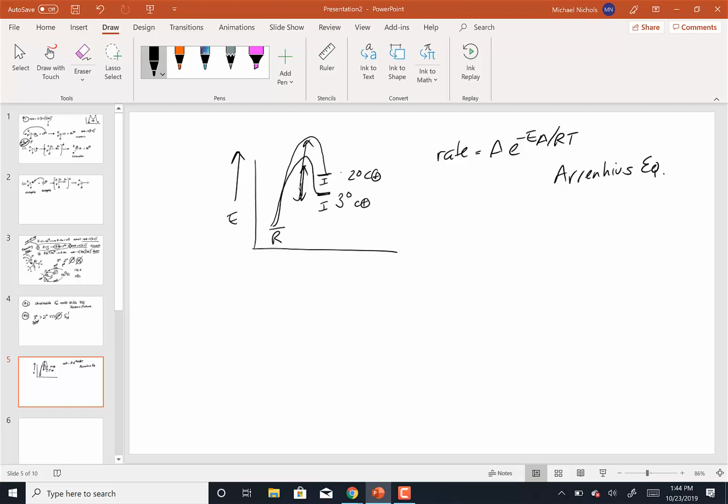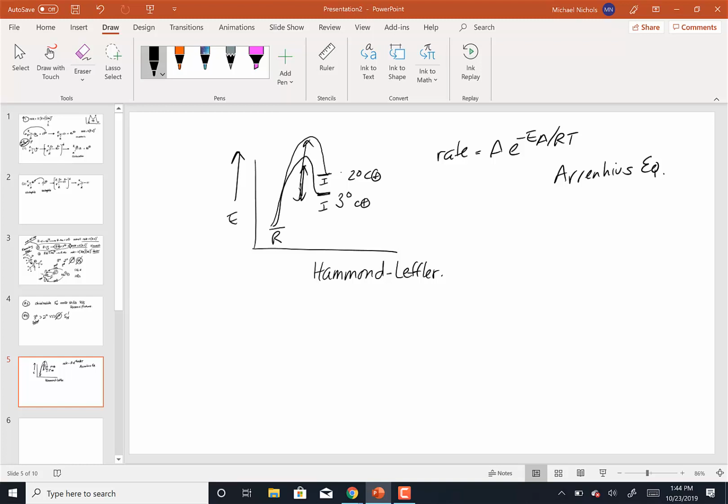So the person that came up with this relationship that we're going to use is Hammond. And in your book, I think it's the Hammond-Leffler postulate. I know where Leffler came from. I think he might have modified this for organic chemistry.